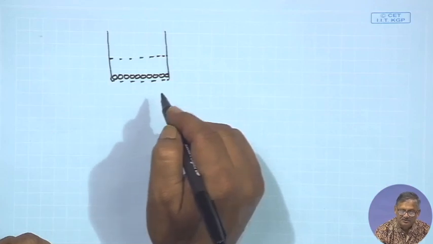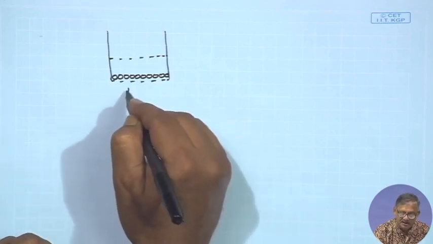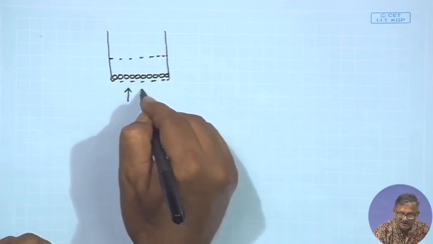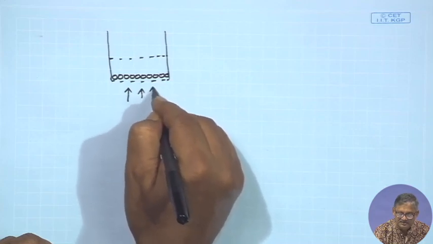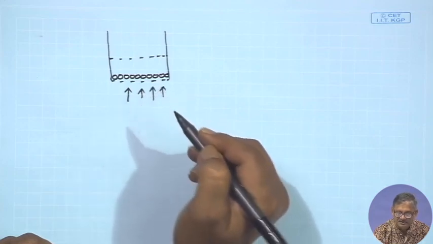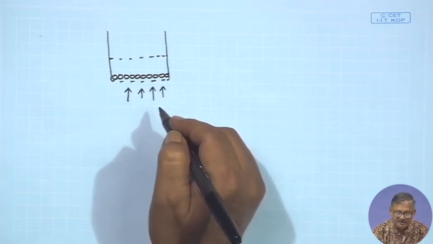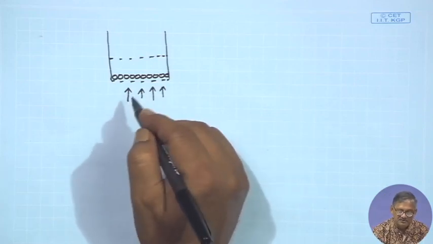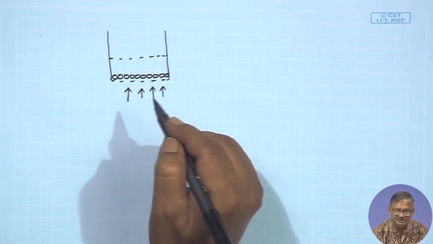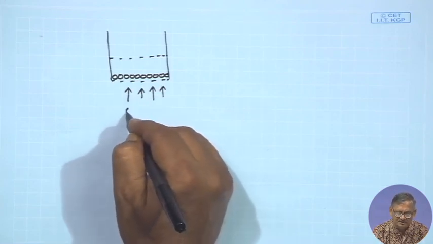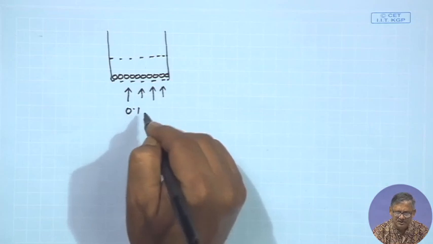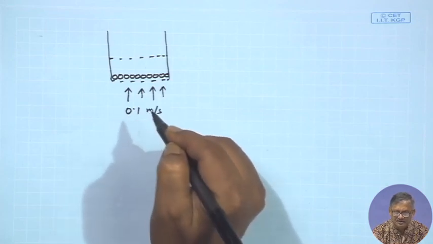Now, say a gas is being passed through this, or a fluid is being passed through this. Now, this fluid you can pass at any velocity, say at a very nominal or low velocity of 0.1 meter per second. So, what will happen?